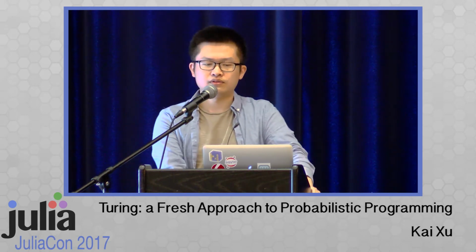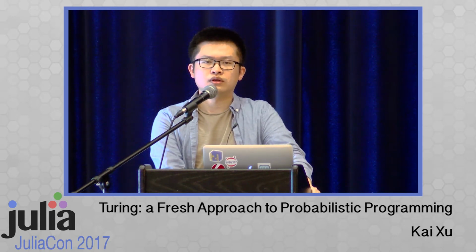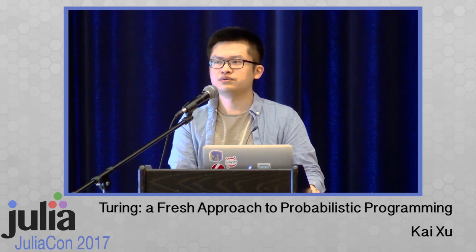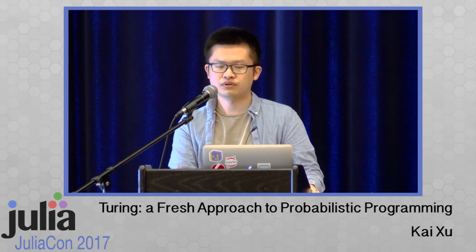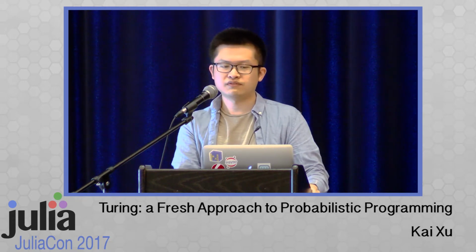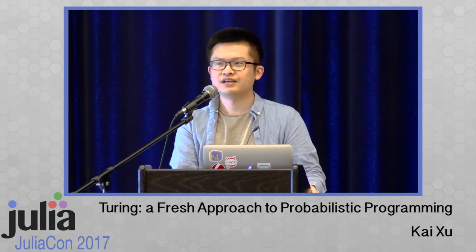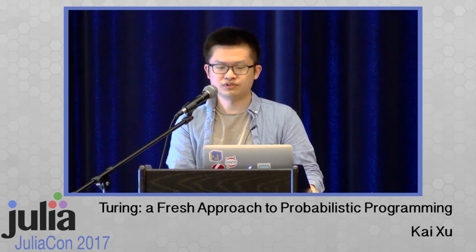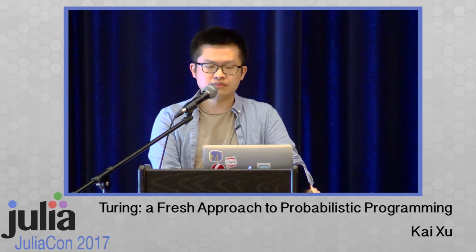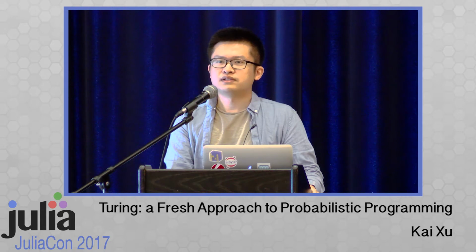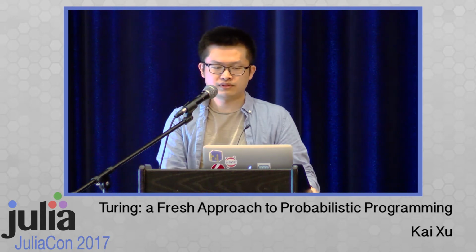So why did we choose Julia to implement Turing? The first reason is that Julia has a rich collection of statistical libraries. We are using some functions from StatsFuns, and we are highly dependent on the Distributions package because probabilistic modeling is basically using lots of distributions. We also use the Mamba package to summarize the MCMC chain we produced.